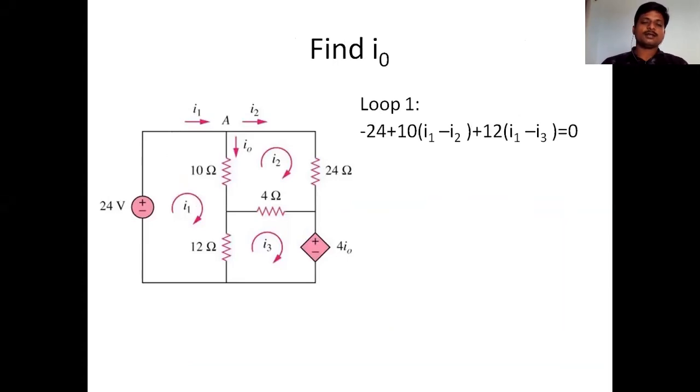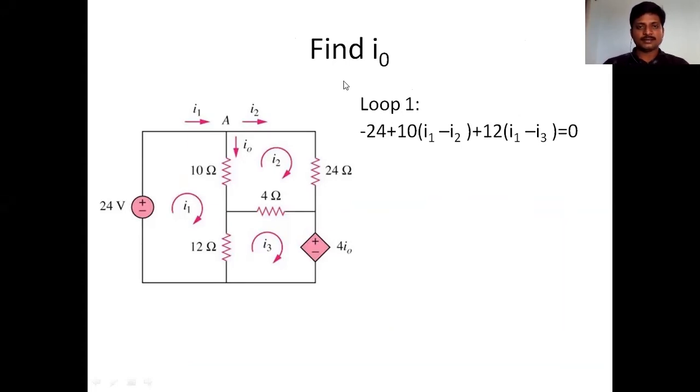Yeah, there you are. It is minus 24. It is minus 24 plus 10 into I1 minus I2 plus 12 into I1 minus I3.